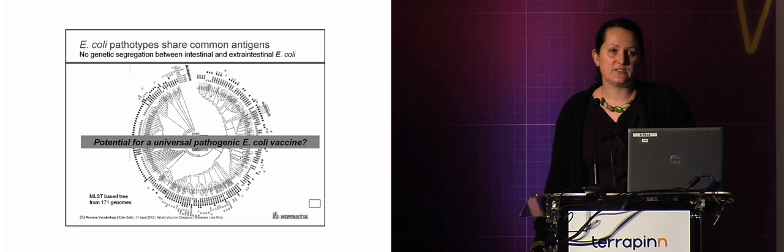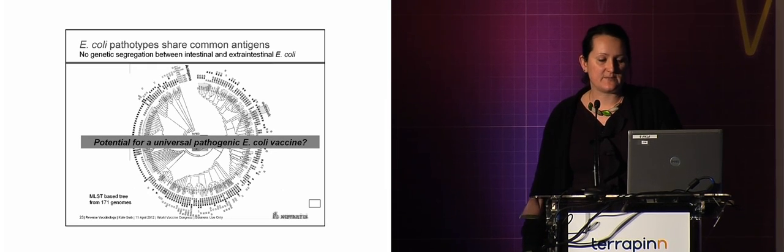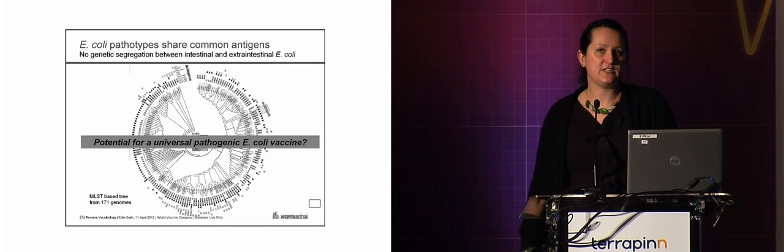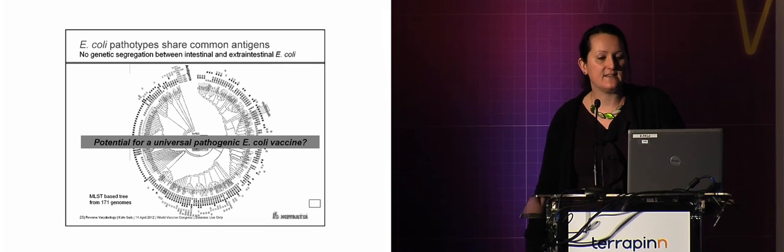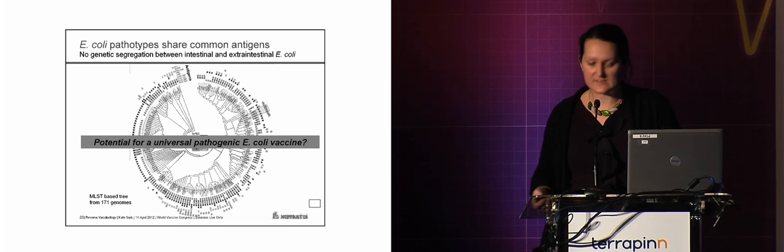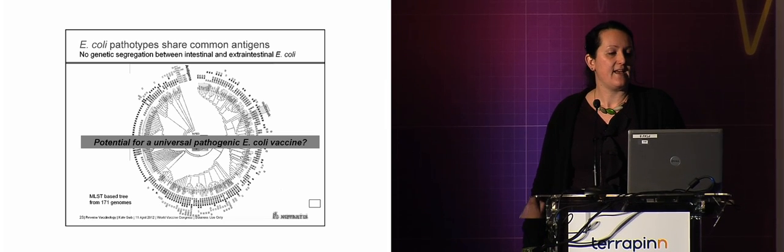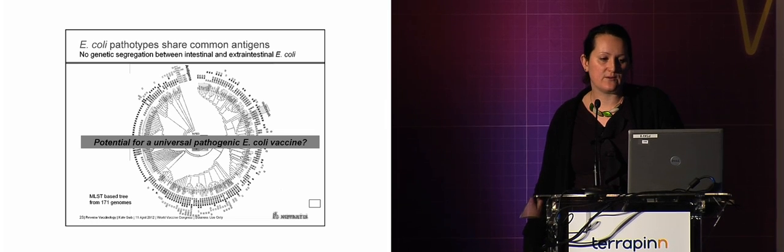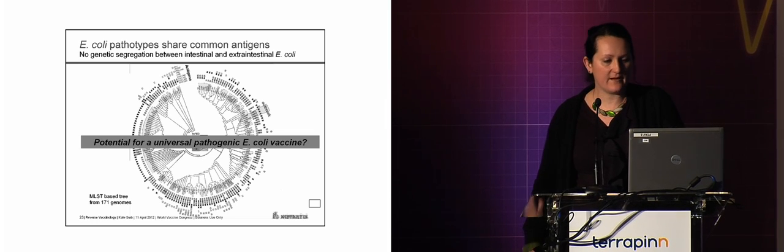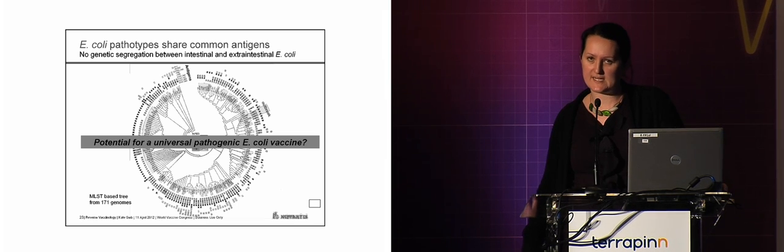So after this, we went on to look at the distribution of some of these protective antigens in additional extraintestinal strains, as well as several intestinal genomes that were becoming available. And essentially we saw that several of these antigens were well conserved between all the different pathotypes. And furthermore, that there's no clear genetic segregation between the intestinal and the extraintestinal E. coli.